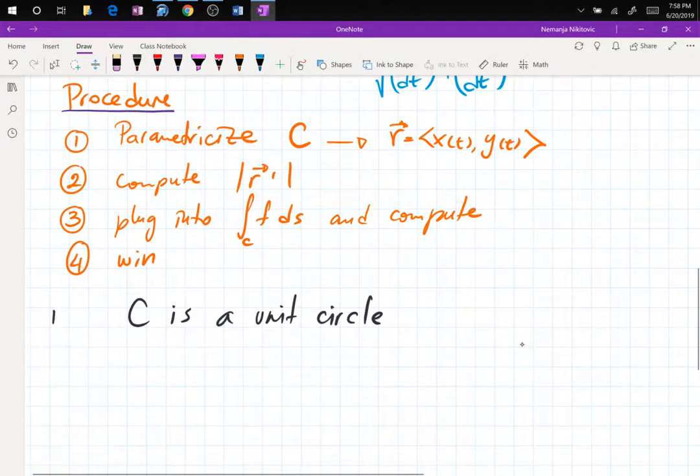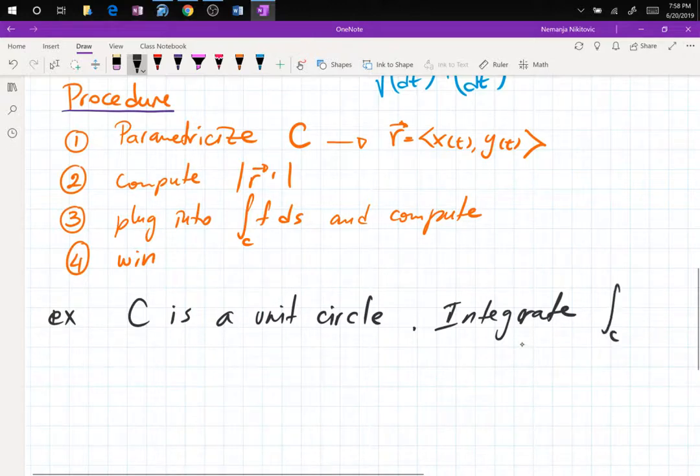So it's not 10, it's just an example. C is a unit circle. Integrate the integral over C of xy squared ds, whatever.